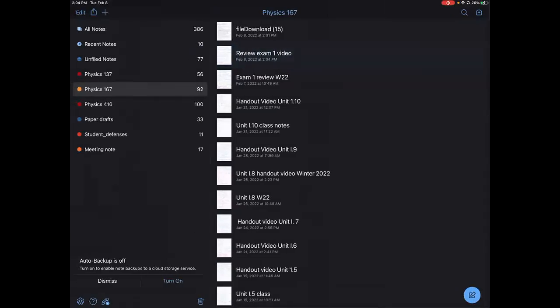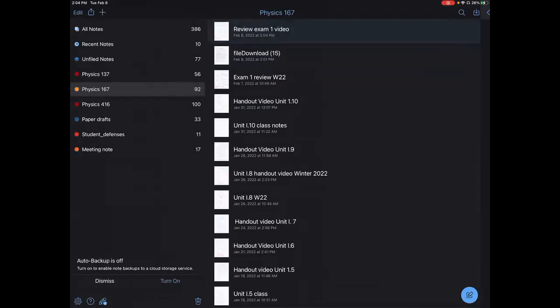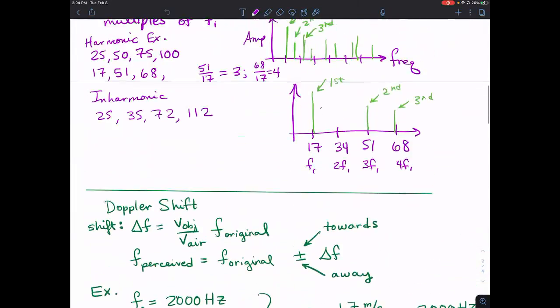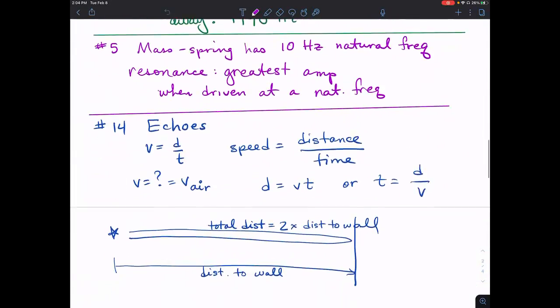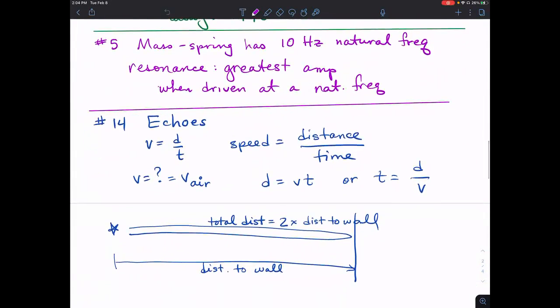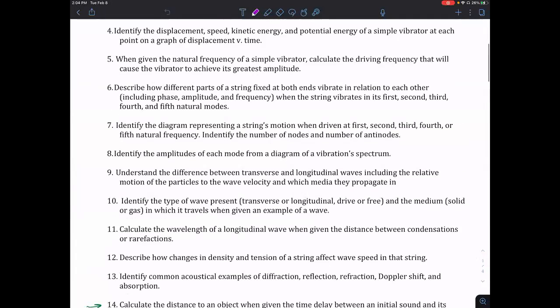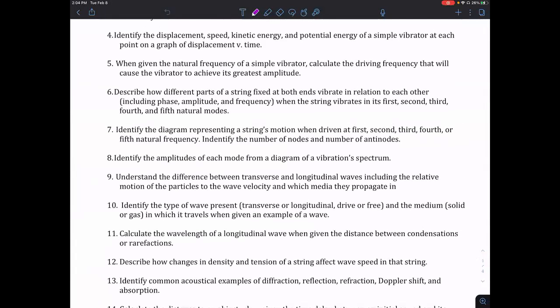So I think those are the primary ones. The one other one we talked about in class was number 5. Number 5 says, when given the natural frequency of a simple vibrator, like a mass spring system, calculate the driving frequency that will cause the vibrator to achieve its greatest amplitude.